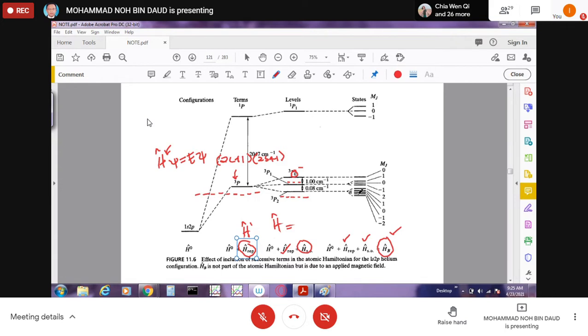So the gap here is very small compared to this one, and this one compared to this one; the energy difference here is very small.